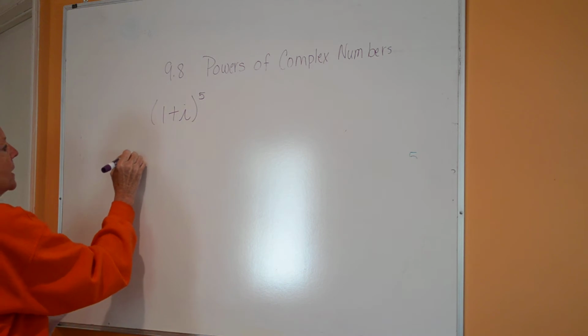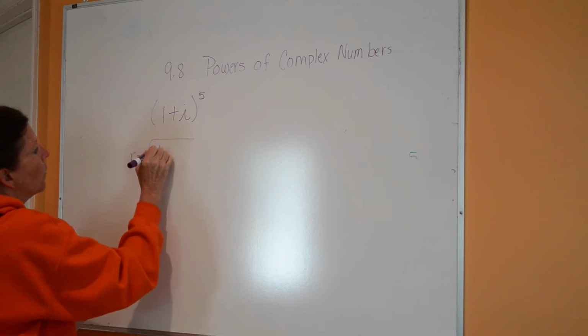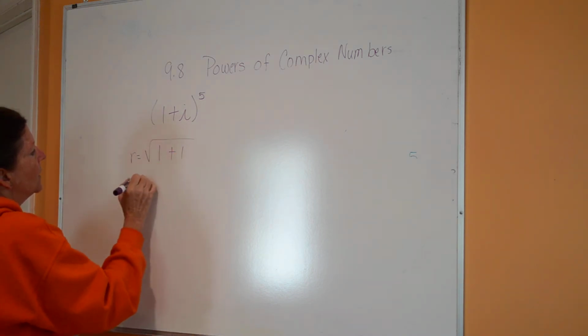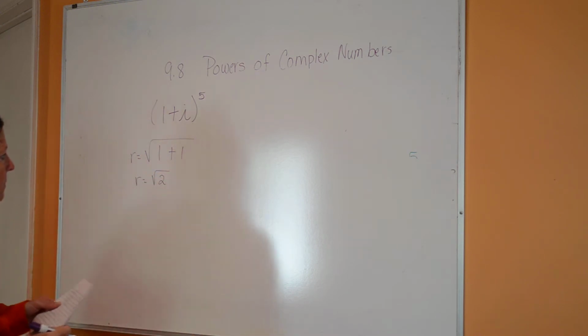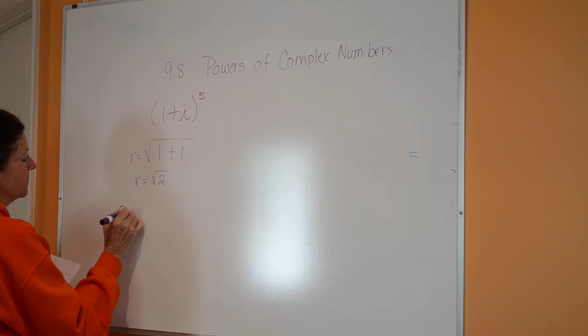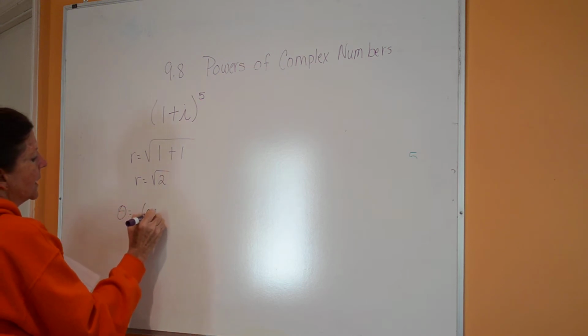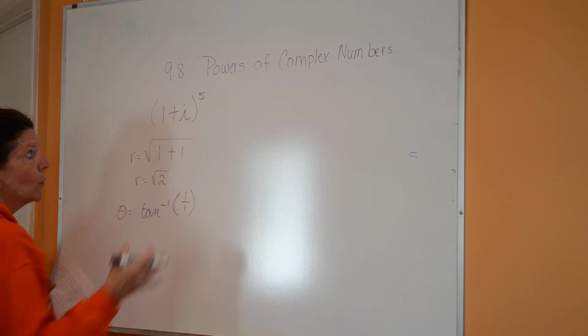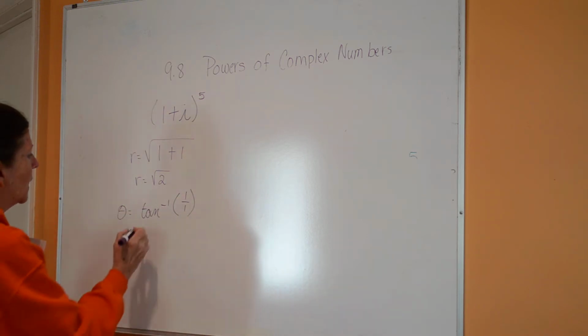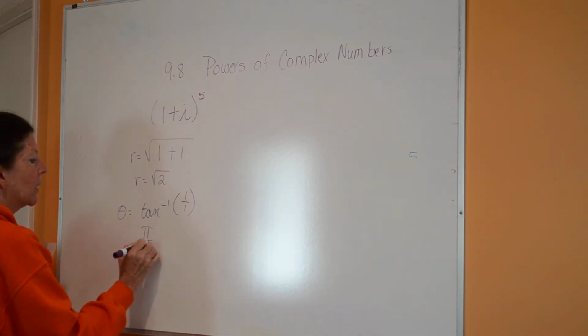All right, r is equal to the square root of 1 plus 1, so r is equal to the square root of 2. The theta is the inverse tangent of 1 divided by 1, or where the tangent is equal to 1, and I know that that's at pi over 4.